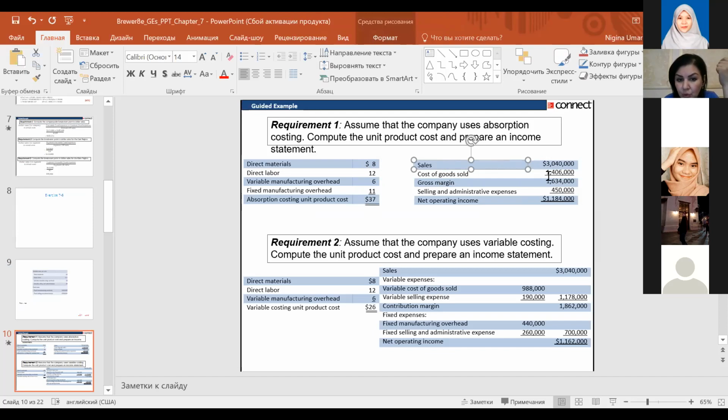Cost of goods sold, $37 multiplied by 38,000 units sold, equals gross margin minus selling and administrative.